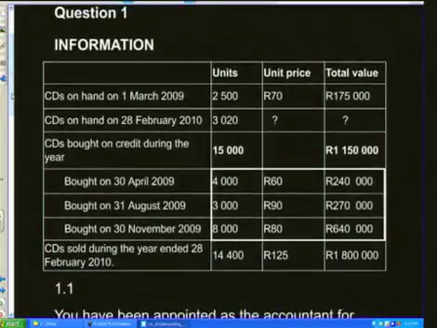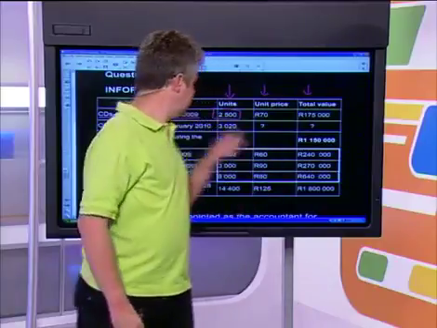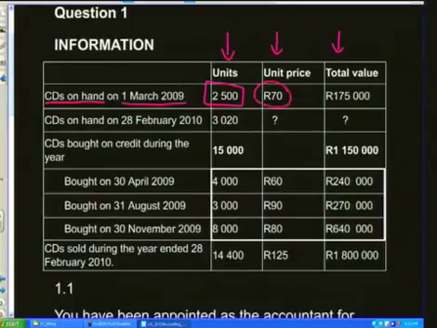It tells us the CDs on hand on the 1st of March 2009, in 3 different columns. Firstly, there were 2,500 units. In other words, on the shelves of this shop there were 2,500 CDs, and each one had a price of 70 Rand.